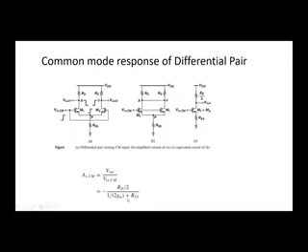Here gm is the transconductance of M1 and M2, and lambda. Okay, this is the common mode response of the differential amplifier.